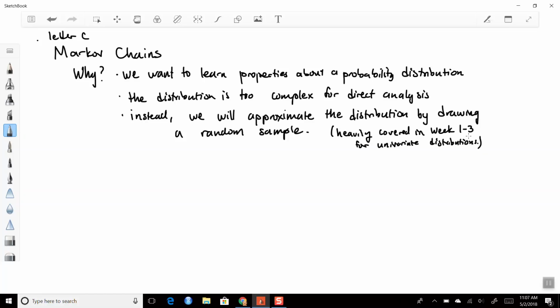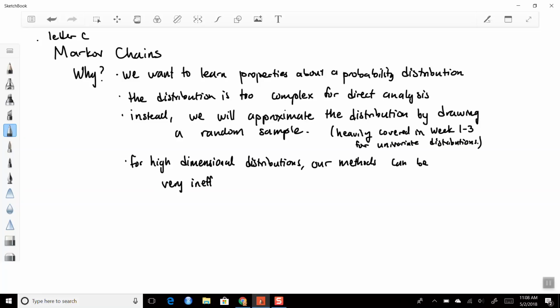Okay. But for high dimensional distributions, the methods that we've covered can become very inefficient, okay?